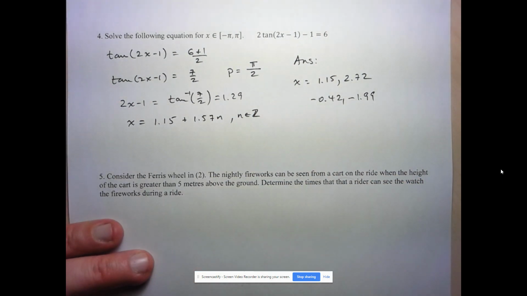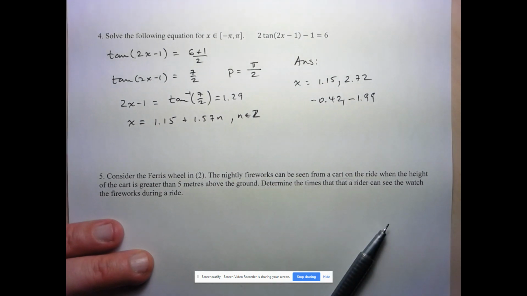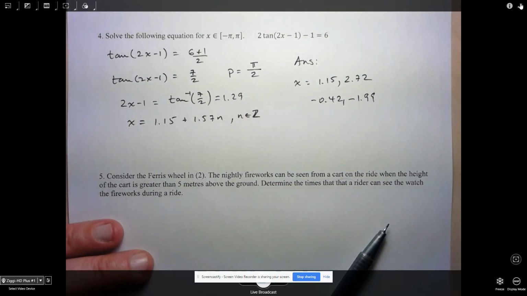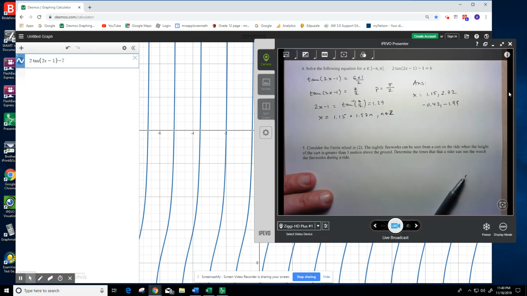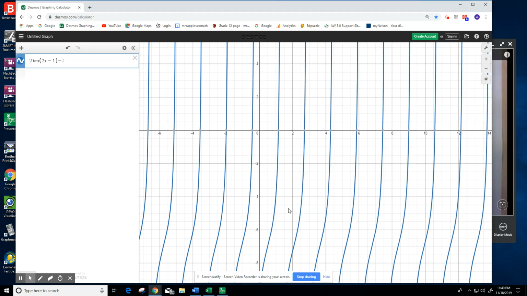All right, in fact, let's take a look at a graph to check that this is indeed correct. So I have this here. By the way, notice what I did. I just took this 6 to the right-hand side, so I'm determining when something is equal to 0. That's always easier to do on Desmos. If we check our answers, there's one of our answers, 1.15.